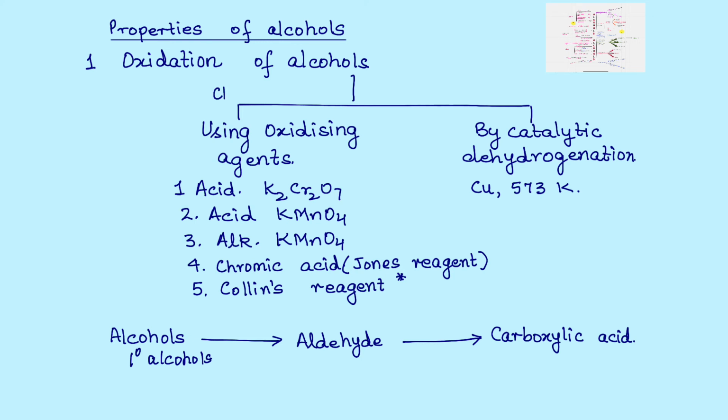So what we've done is chemical oxidation, right? The other way that we can oxidize alcohols is by using copper metal as a catalyst at a temperature of around 300 degrees Celsius, wherein loss of hydrogen takes place.